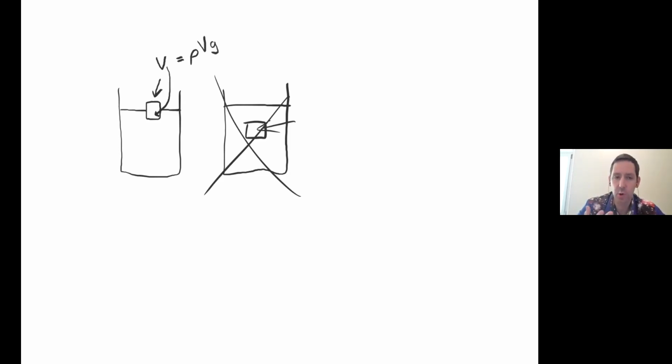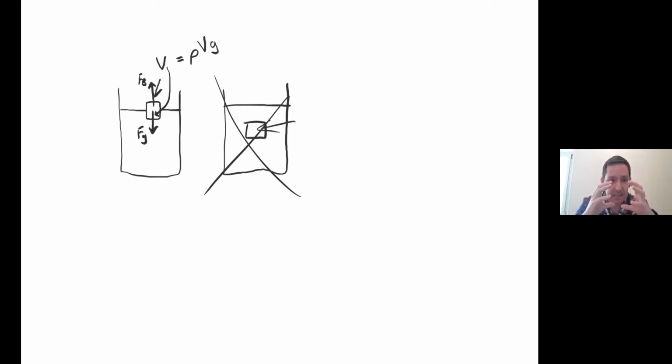It's equal to the buoyant force. The force of gravity down on this ice needs to be equal to the buoyancy force up, which means that the force of gravity down on my ice cube is exactly the same as the force of gravity on the water that's been displaced.